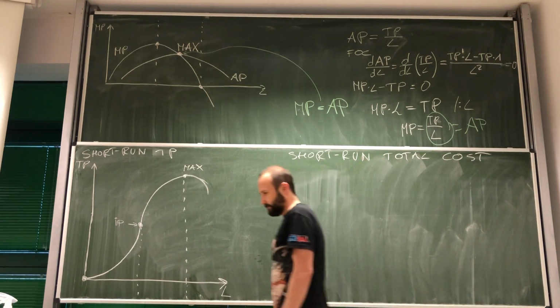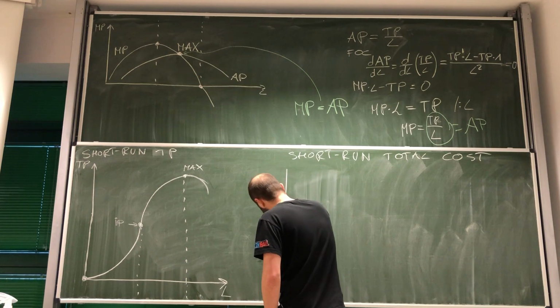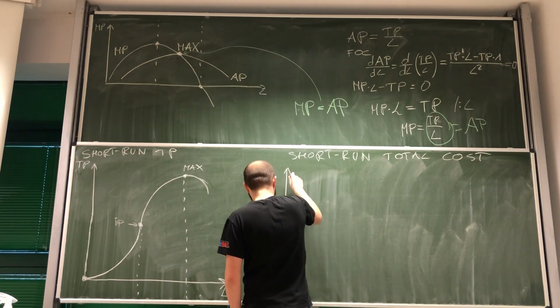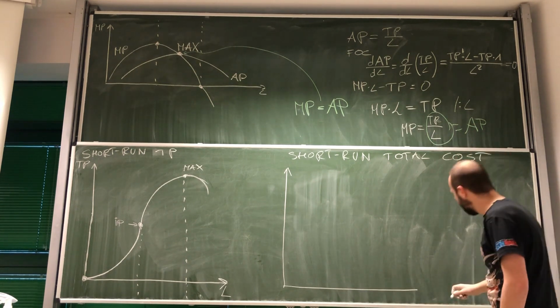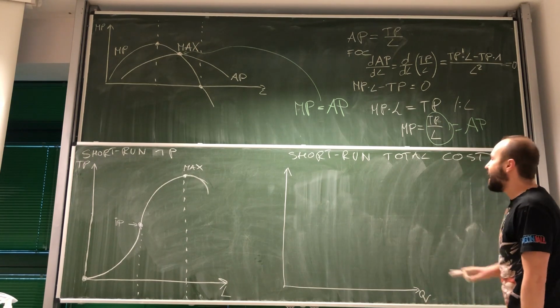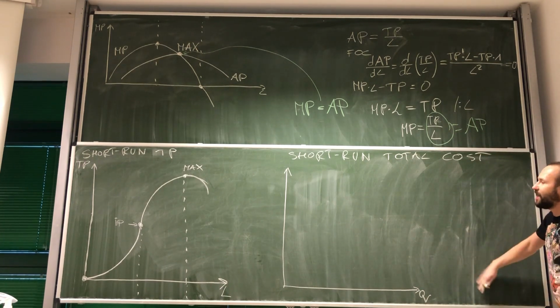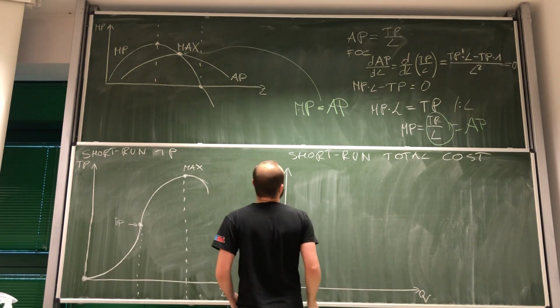Now, I'm not going to do with you a specific derivation of the exact total cost, but actually let me just point out a couple of more interesting points about the total cost function itself.